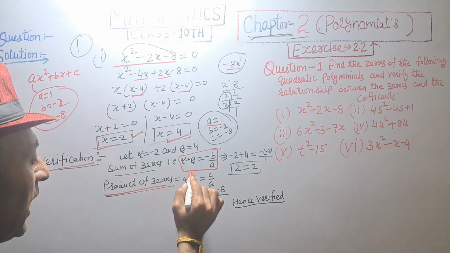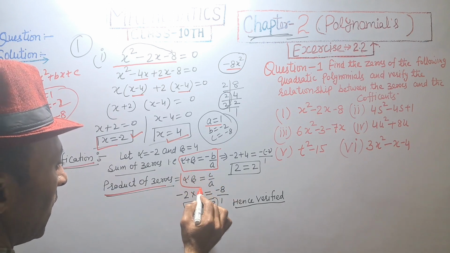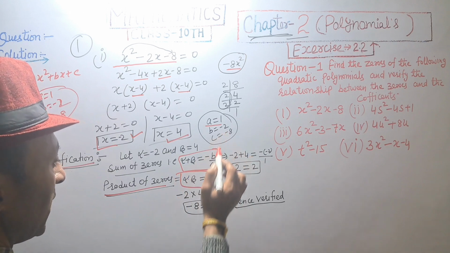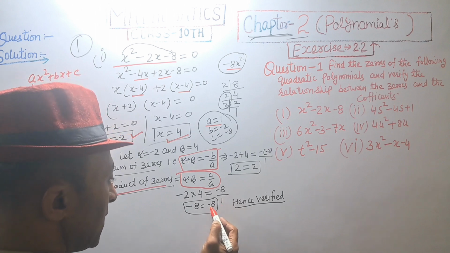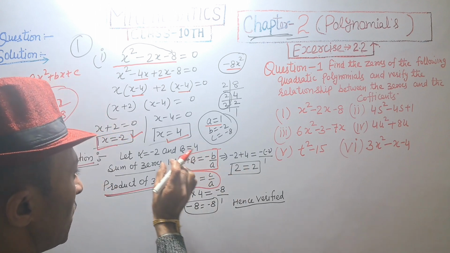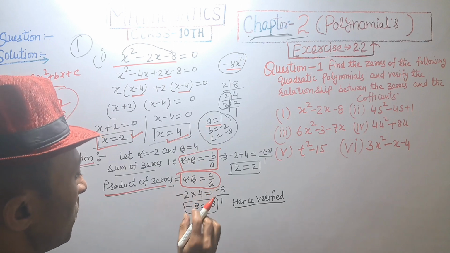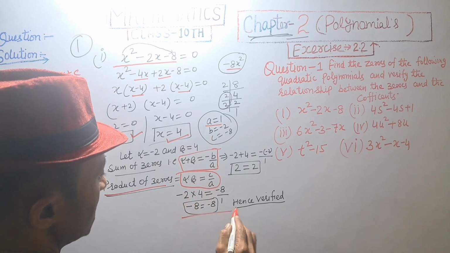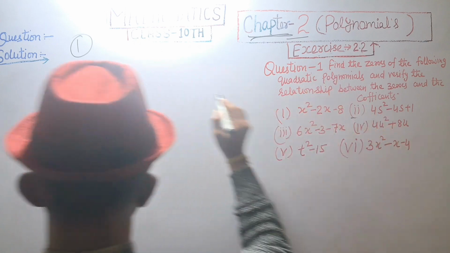Product of zeros, alpha into beta, equal to c upon a, its formula. c is minus 8, a is 1, minus 8 upon 1, that is minus 8, and product of minus 2 and 4 is equal to minus 8, hence verified. Question number 1, second part.